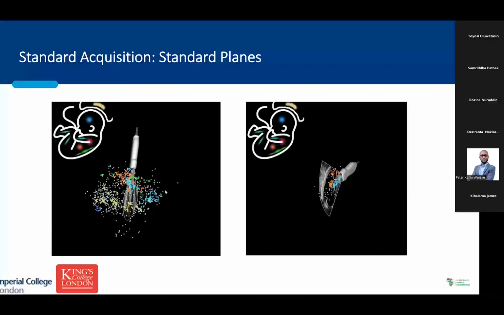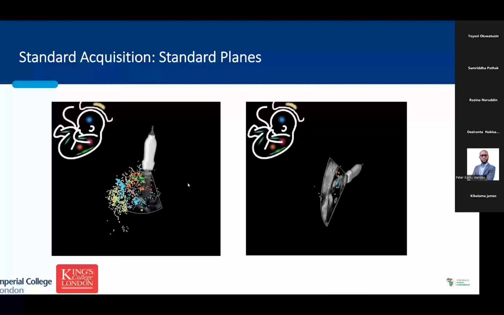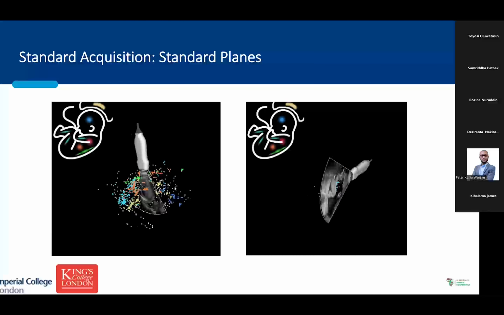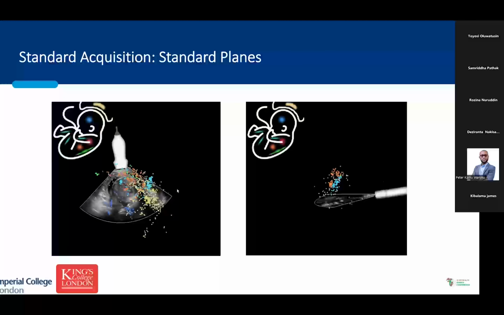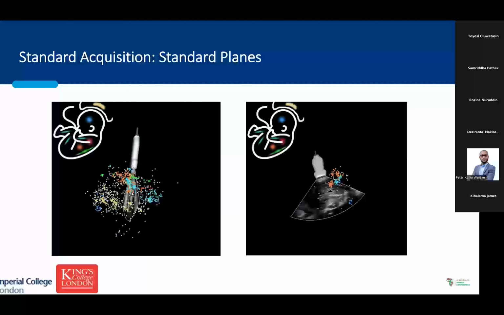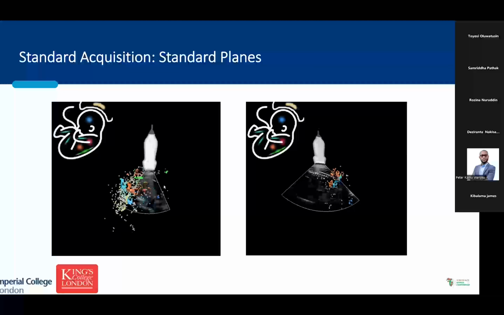So by finding the standard planes you can diagnose anomalies as well as estimate gestational age or other parameters, but it's dependent on experts.